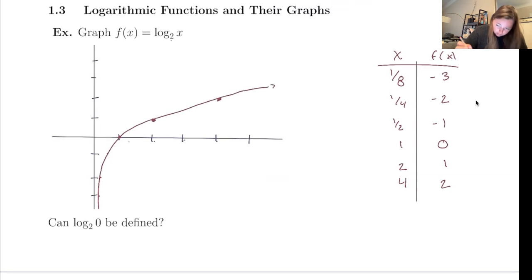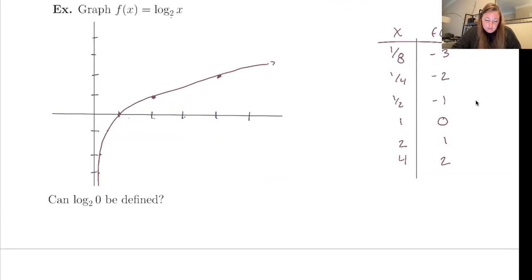So our function is going to look like this, and we're increasing forever. It doesn't actually ever plateau. So can log base 2 of 0 be defined? We see in our graph that the line is going on and on forever. When x is getting really close to 0, 1/8, 1/16, 1/32, f is going to go from -3, -4, -5.